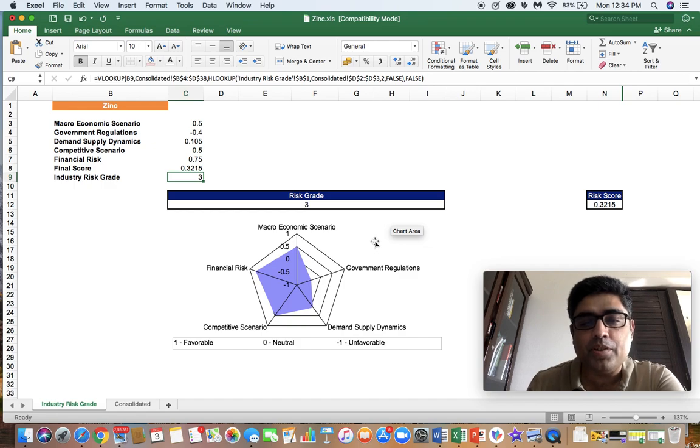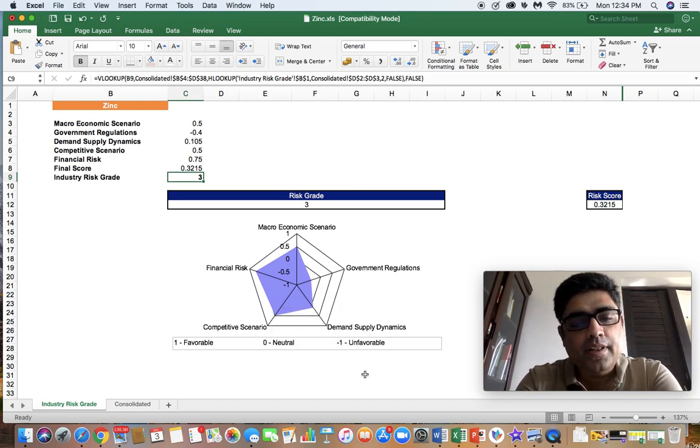So in one snapshot, the person gets to understand that the industry risk grade is 3, and these are the areas where the different broader heads of macroeconomic scenario, financial risk, government regulation, demand supply, and competitive scenario are standing, right? So this is a structure that you can prepare to convey the standing of industry risk in context of the sources of information that you are applying, right?